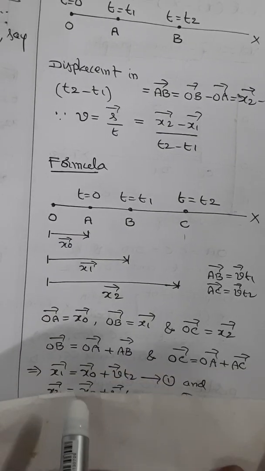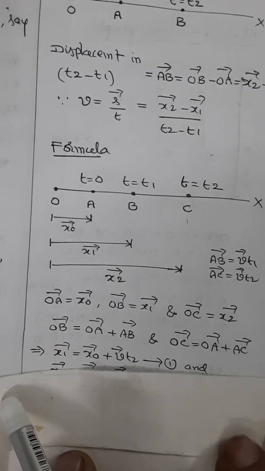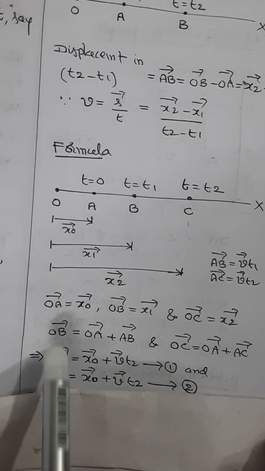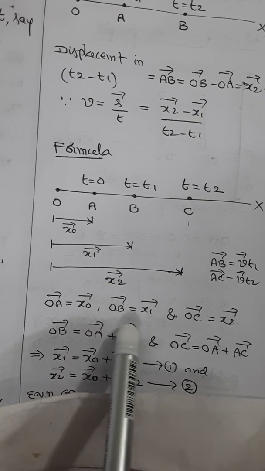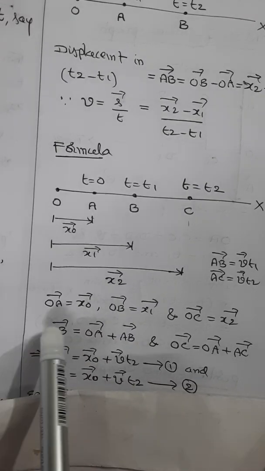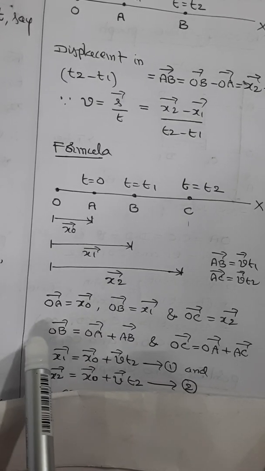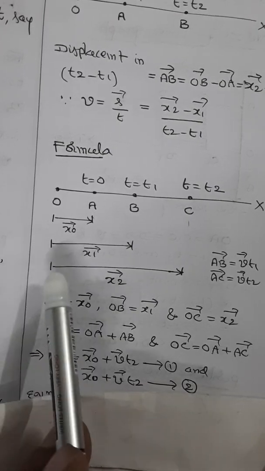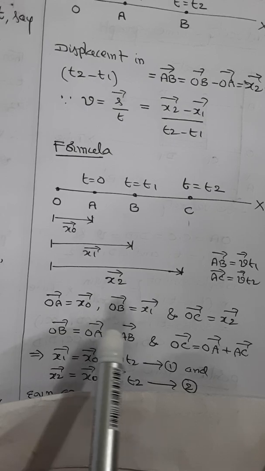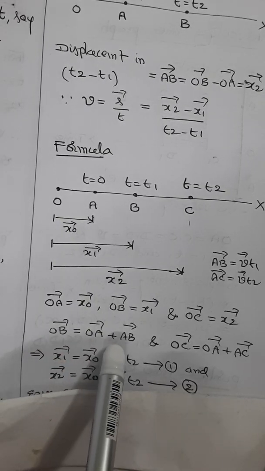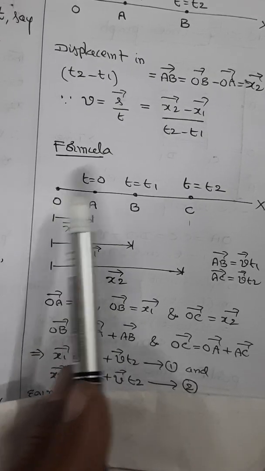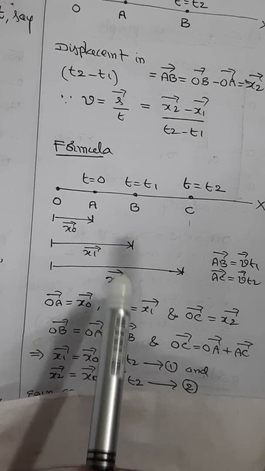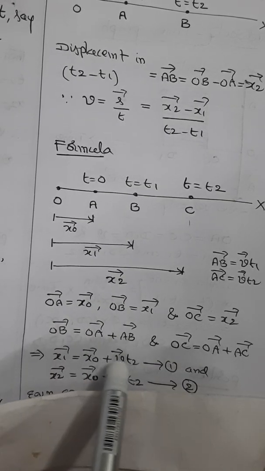So therefore you can represent this by substituting these values. You will have OB bar, that is vector OB, that is x1 bar, equal to OA bar, that is x0, plus AB bar, that is nothing but the velocity into time, since distance equals velocity into time.